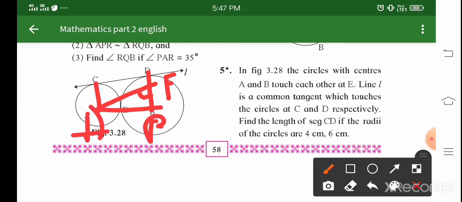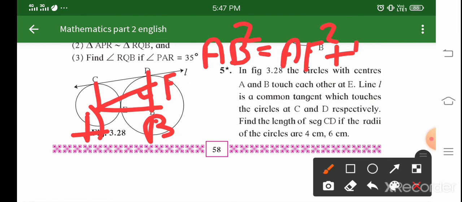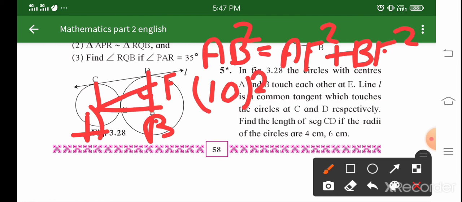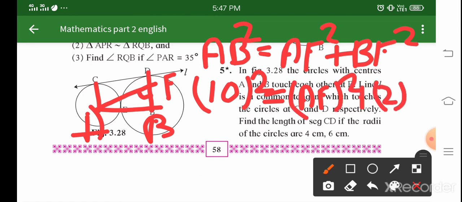This is AB. So what you are going to get, AB square is equals to AF square plus BF square, right? So we have value of this AB is 10 as we have solved earlier, and AF we have to find out, okay, and BF is 2, right? So this 10 ka square will be your 100 and this 2 ka square will be 4.